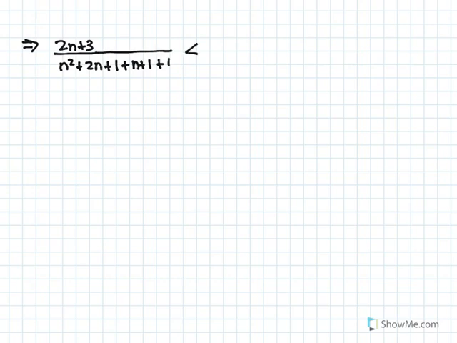All right, so let's simplify this. In the numerator, we get 2n plus 3. In the denominator, expanding the square, we get n squared plus 2n plus 1 plus n plus 1 plus 1. This is less than (2n plus 1) divided by n squared.